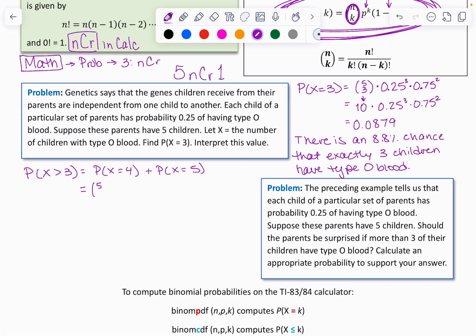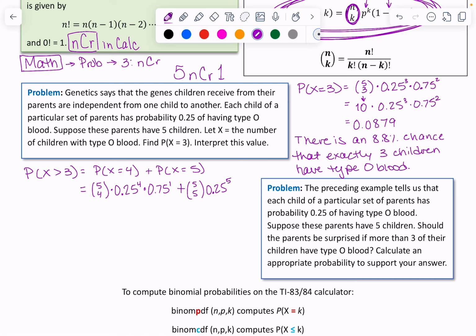How many ways can I pick 4 kids out of 5, times the fact that 4 of them are successes with type O and 1 of them is a failure, with not type O, plus how many ways to pick 5 kids out of 5 and the fact that all 5 of them have 0.25 have type O. And technically there's the 0.75 part, but I have nobody with nothing else, so you don't have to write that because that would just equal 1.